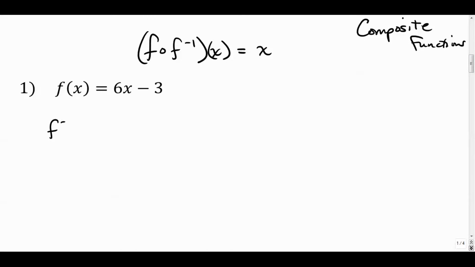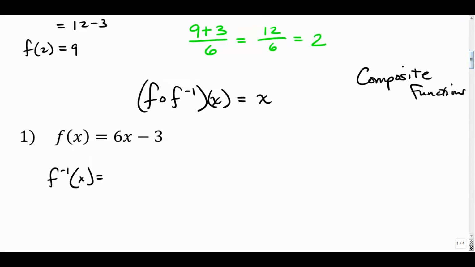And my inverse, if I remember correctly, was x plus 3 over 6. All right, so let's compose these two together. When you compose a function with its inverse, you should always get x. So I'm going to put f inverse inside of f.